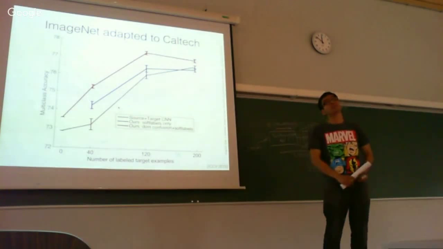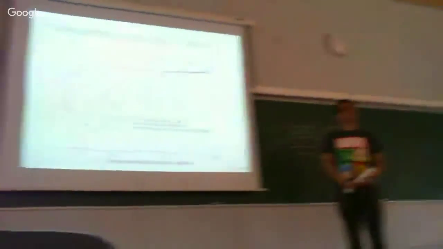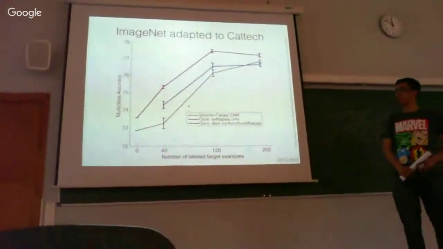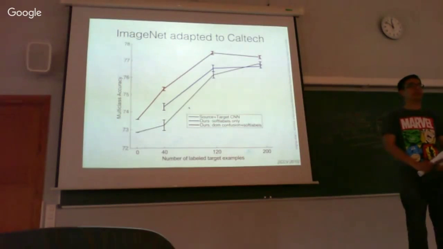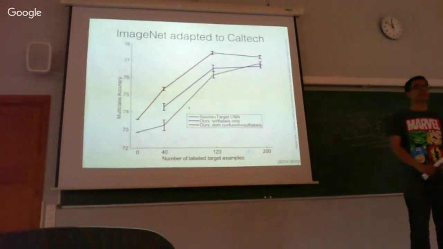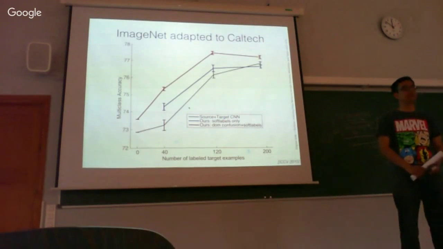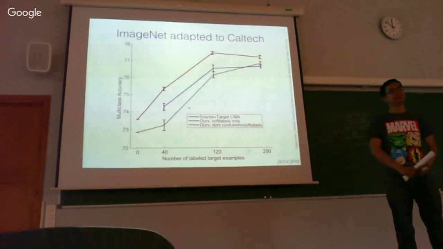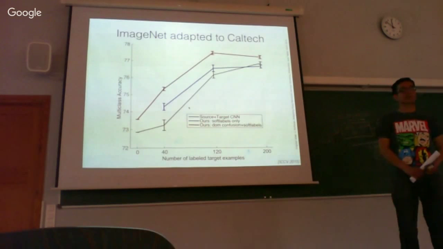Another thing that I find strange here is that if they have zero target labels, how do they make their model better on that? They are training with zero samples, with zero labels in the target. They have labels on the source, not on the target. So they cannot adapt it to the target.